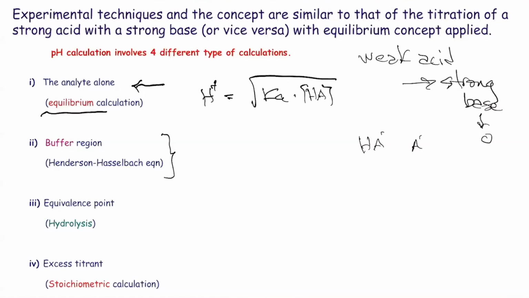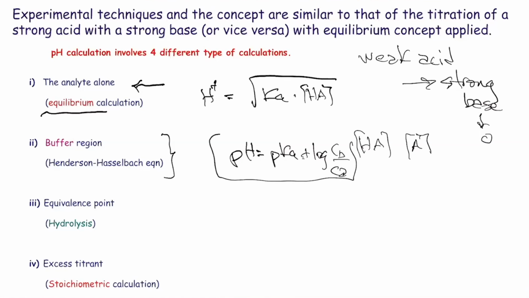If you know these concentrations, then you can just use the Henderson-Hasselbalch equation, okay? That's going to be in the region where you've got both the acid and its conjugate present, and that's a very big region in the titration curve.